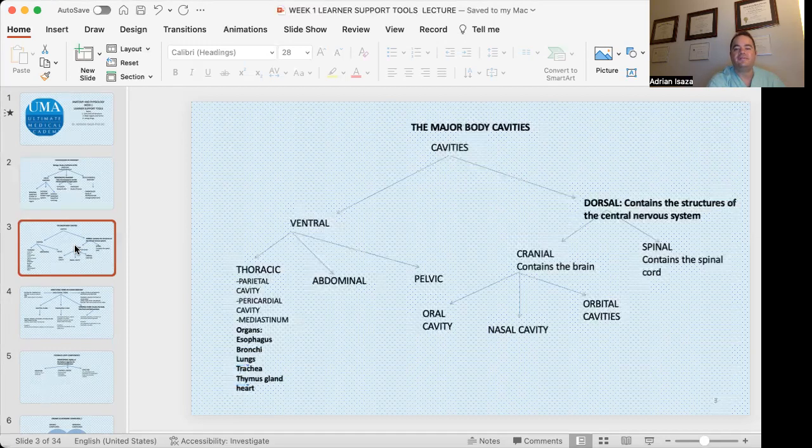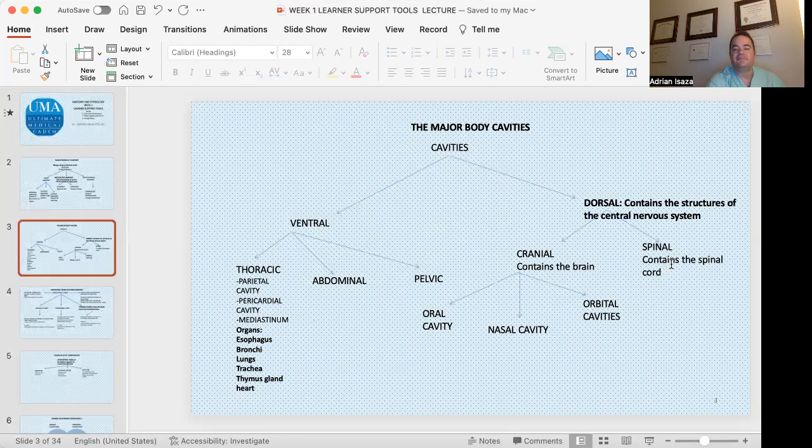Let's move on. Body cavities. So you have the front, aka anterior. You have the back, aka posterior. What's bolded here is the dorsal, right? Dorsal includes the cranial and the spinal, right? The cranial contains the brain, the spinal contains the spinal cord.